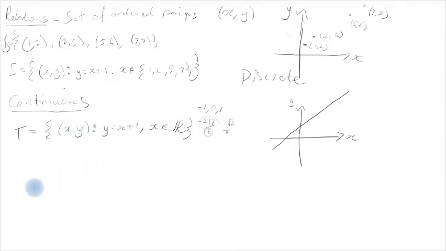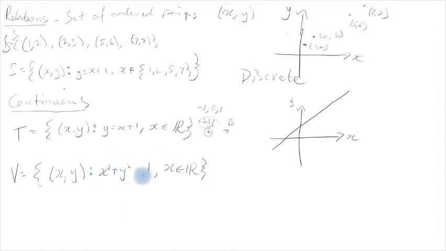There's one other example perhaps that would be useful to mention. Let's define another relation. I'll call it V: the set of ordered pairs (x, y) such that x squared plus y squared equals 1, and I'll say that here x can be anything in the real numbers again.